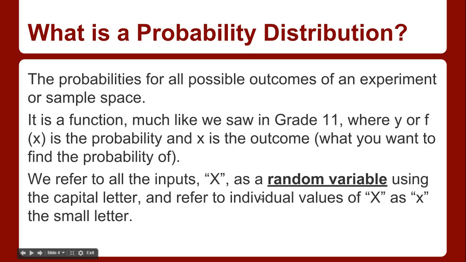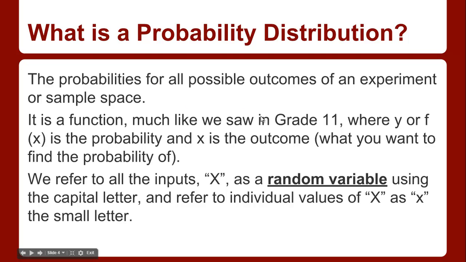So what is a probability distribution? This is a little bit of a confusing slide, but I just want to get this out so that we can talk about it. It's the probabilities of all possible outcomes of an experiment or sample space. So if we're rolling a die, the x values would be 1, 2, 3, 4, 5, 6, and the probabilities would be 1 out of 6, 1 out of 6, and so on.